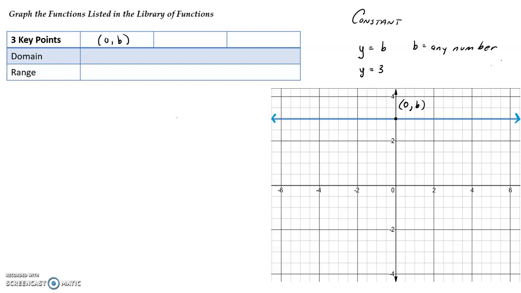And you're going to notice that it doesn't matter where we come out, left or right, onto this graph, on this line, right? Another point that is on this graph is going to be the point (-1, b). And I'm also going to have the point (1, b).